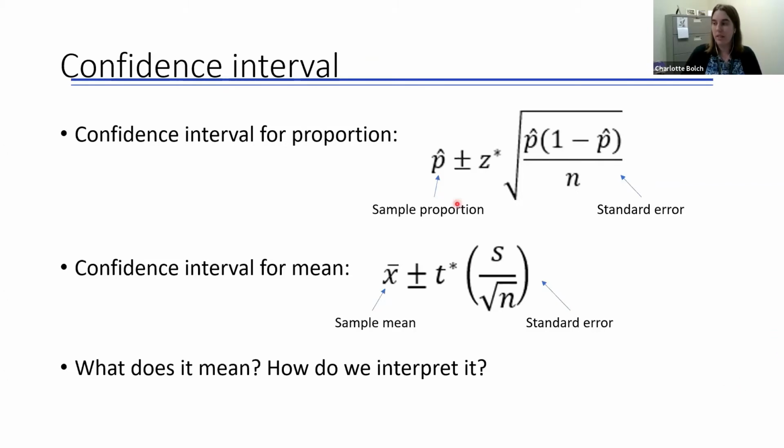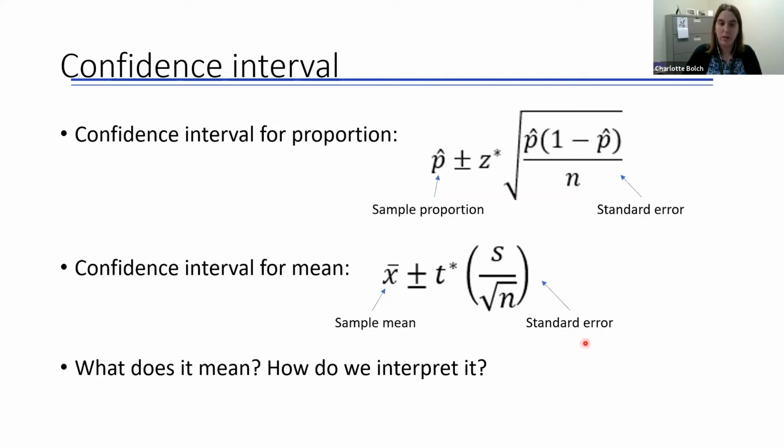So p hat is our sample proportion and x bar is our sample mean. Since we want to calculate an interval, we need to account for the variability in the sample statistic. We don't usually know the population standard deviation, so we can use the sample standard deviation and estimate the standard error, which provides a measure of variability of this sampling distribution.